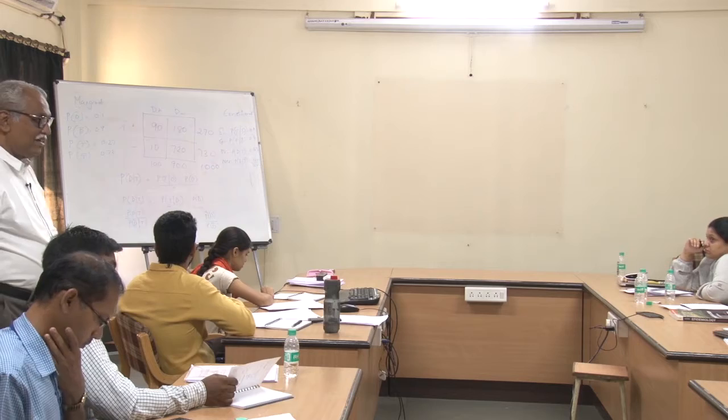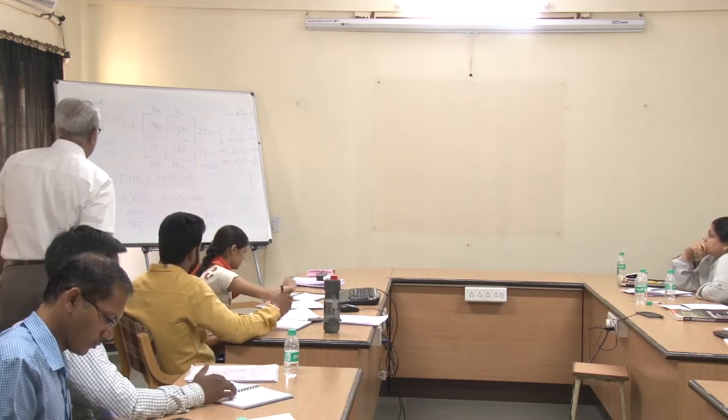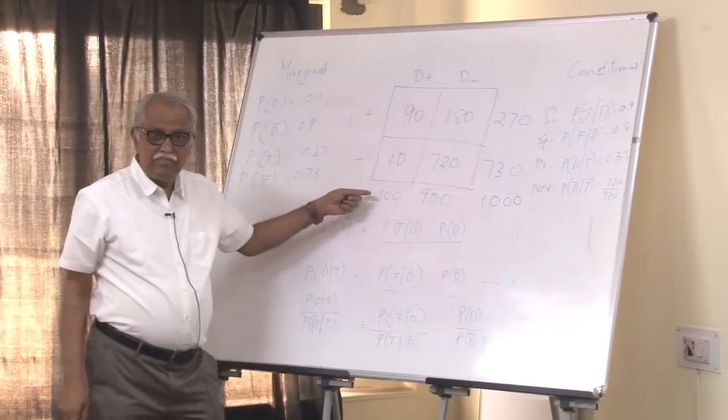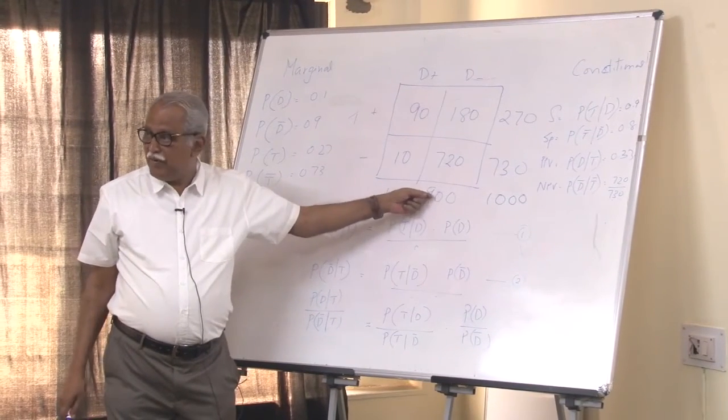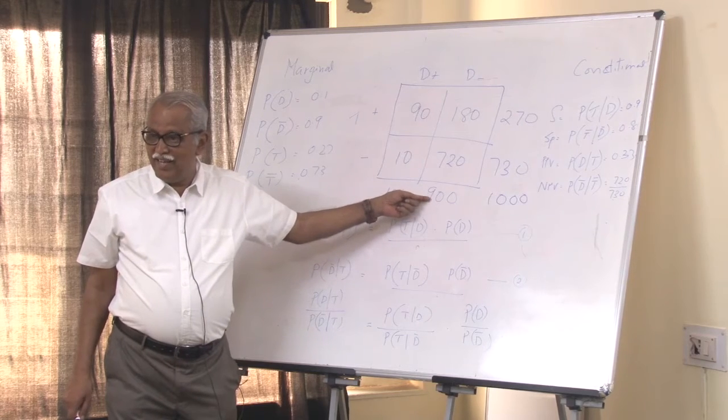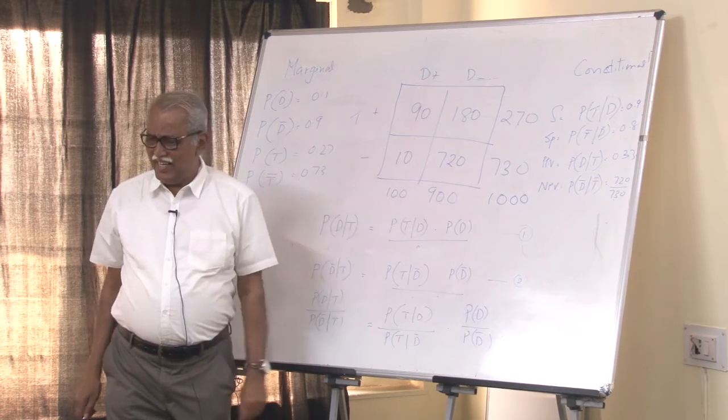Huh? What is that? So when you say, what is the probability of disease? It is 10%. Here you are saying, probability of disease divided by probability of no disease. That is 1 by 9. What is that?